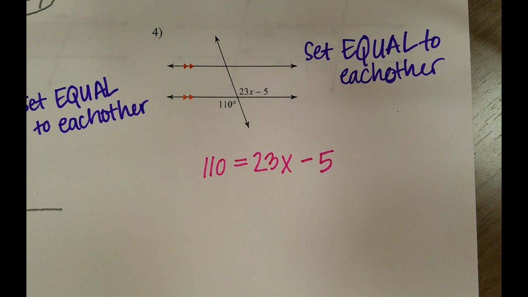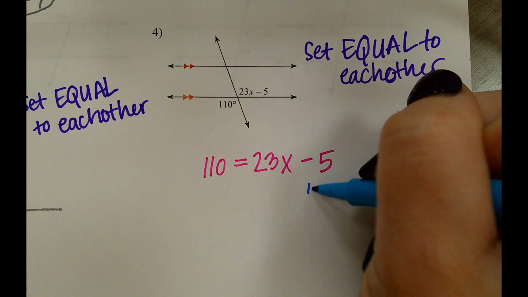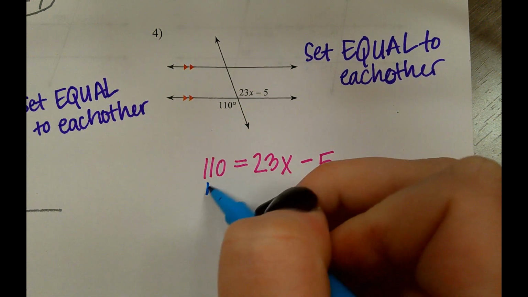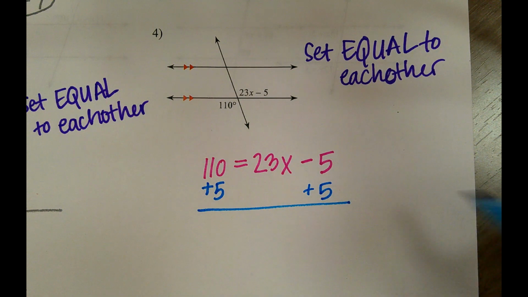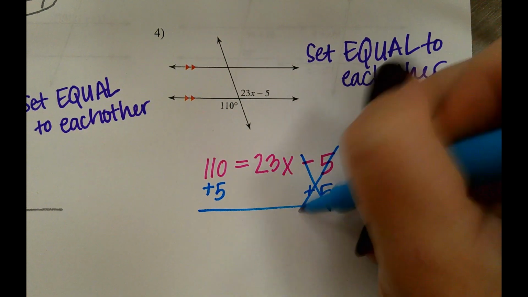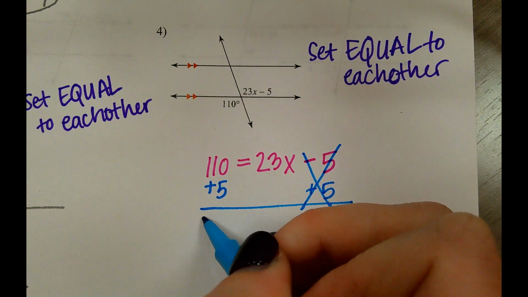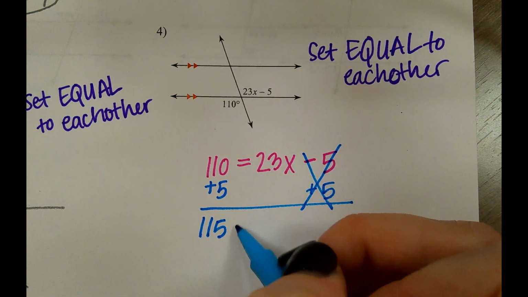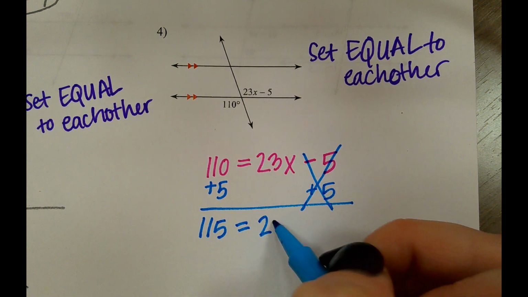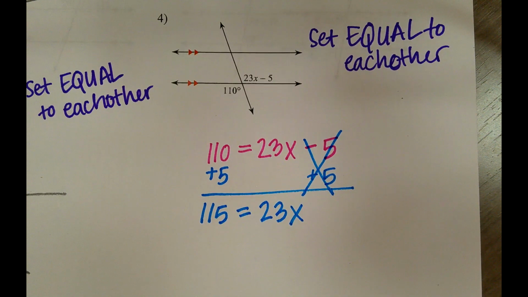Where should we go from here? Add 5. Perfect. Add 5. And our 5s will cancel. 110 plus 5. 115 equals, I'll bring down 23x. And what's my last step?